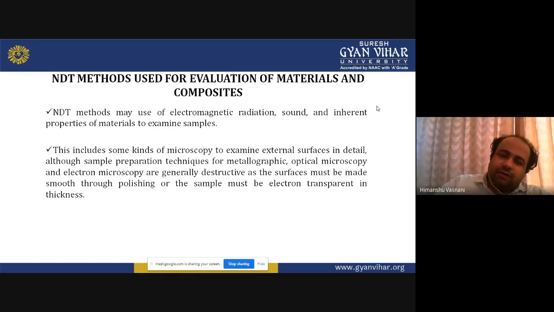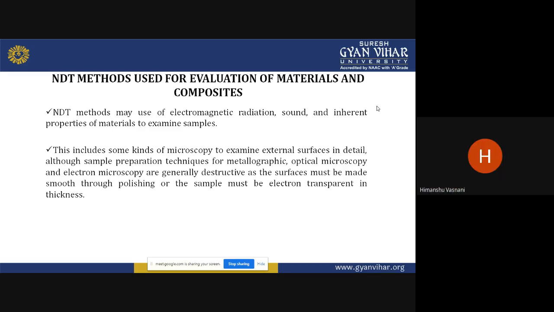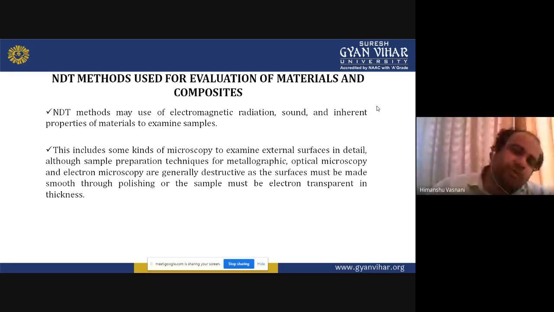In destructive techniques, what happens? You take a part, take samples, and do certain testing on them. You get a reading and then you evaluate according to that. But destructive testing is only possible when you are producing thousands of parts.